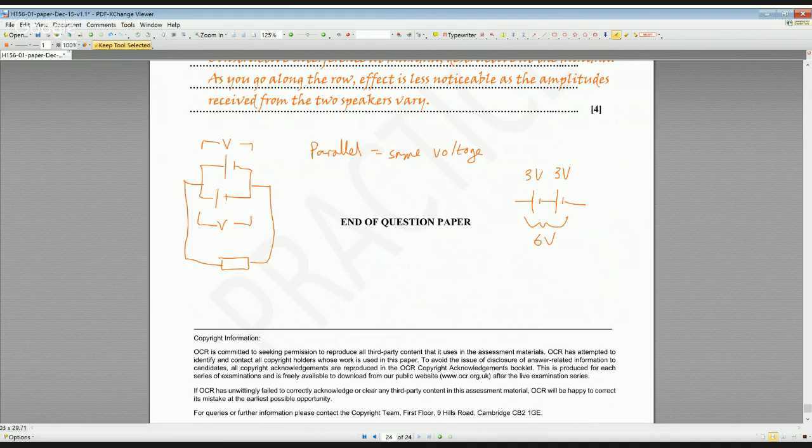Resistance of semiconductors decreases when current increases because more free electrons are available.